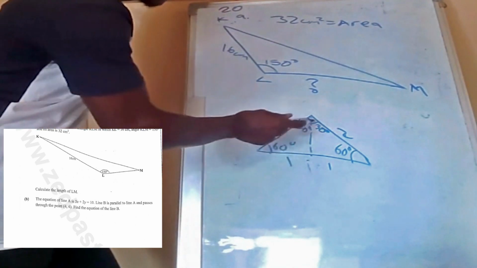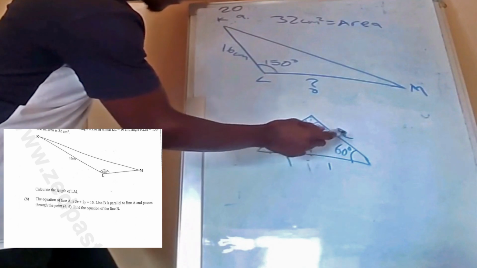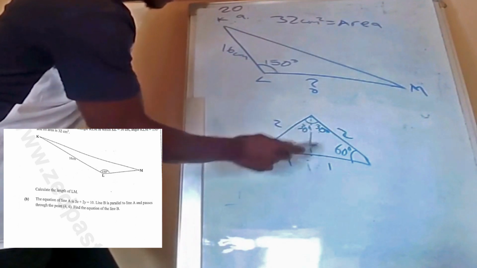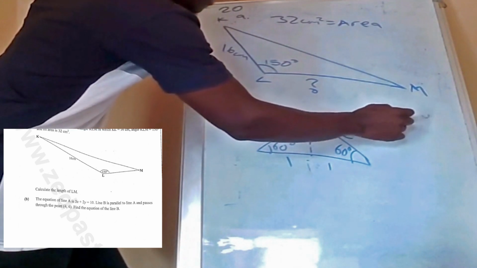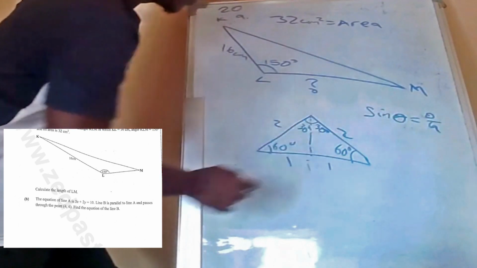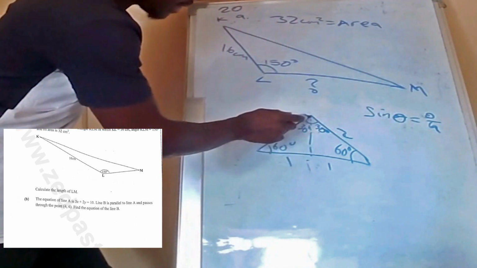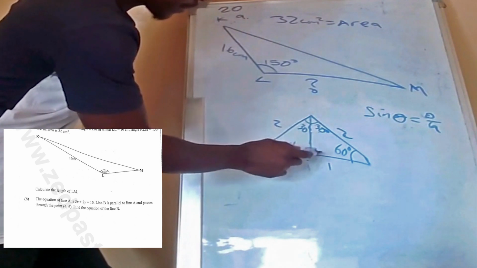Okay. So now how do you find sine of 30? Sine theta equals opposite over hypotenuse. And this is a right angle triangle. These are right angle triangles that we have at the bottom there.